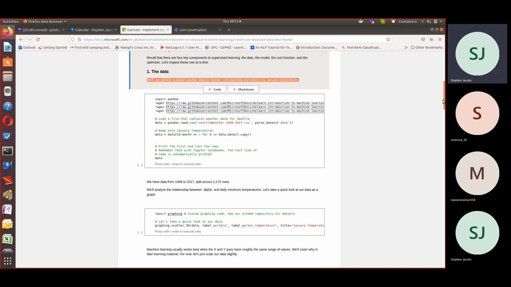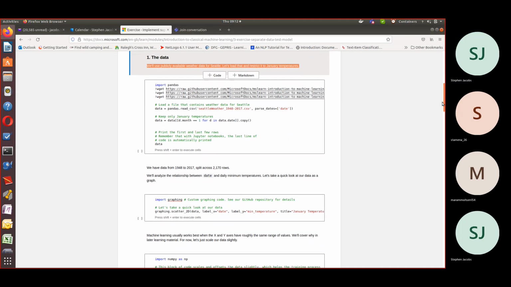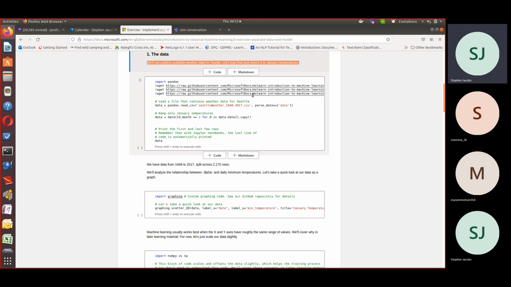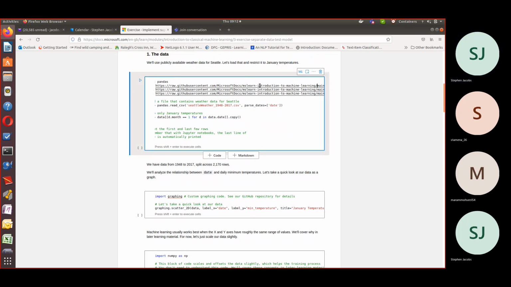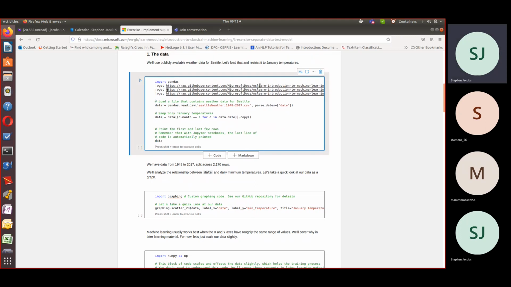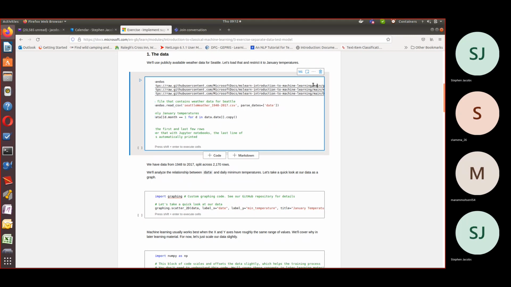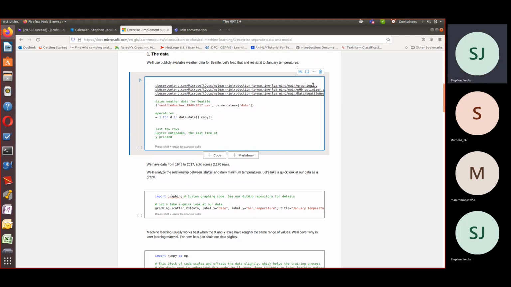We'll begin. So first thing we need to do is to import pandas, which is the first line, and then get all of these GitHubs, which contain, firstly, that is the Python program for doing our graphing.